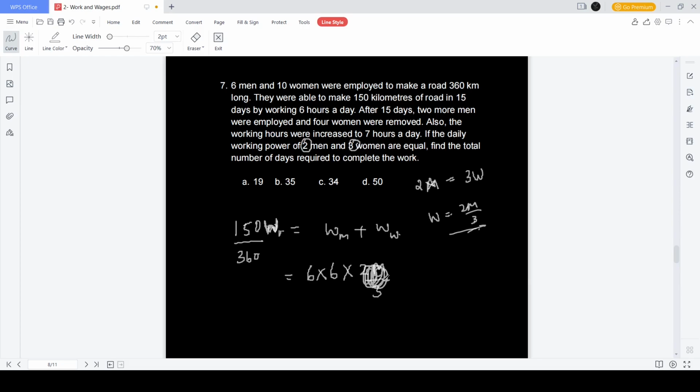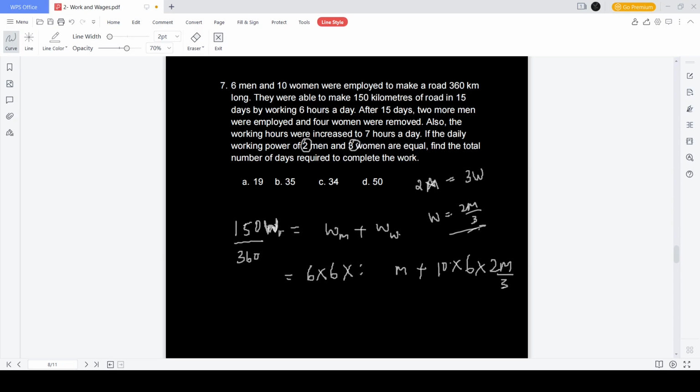Sorry, into m, because it's men. This will be plus the number of women, that is 10, into the number of hours into the rate of work of women, that is this.